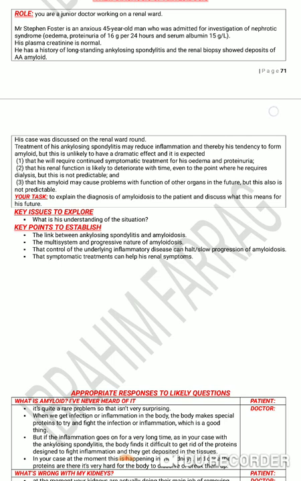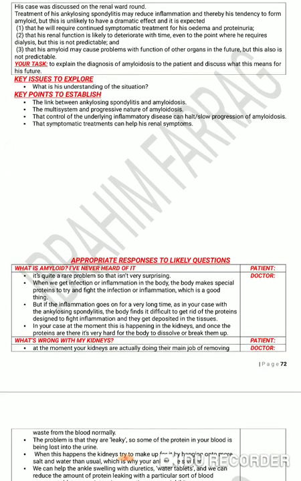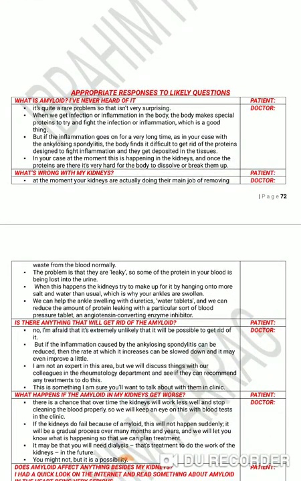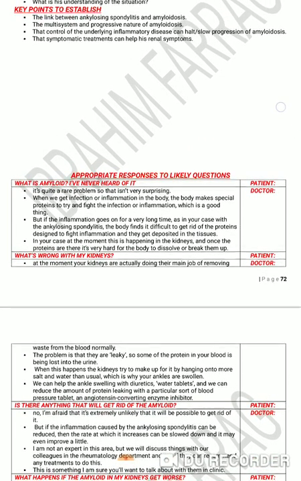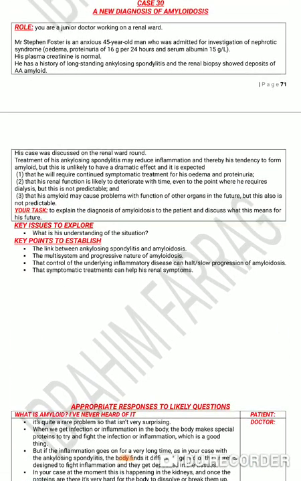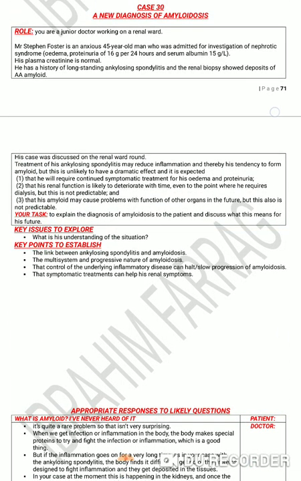So your task as a junior doctor is to explain the diagnosis of amyloidosis to the patient and discuss what this means for his future. When you meet the patient, first you introduce yourself like this: Hello Mr. Foster, are you Mr. Foster, 45 years old?